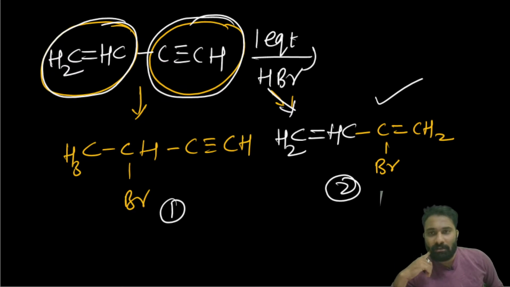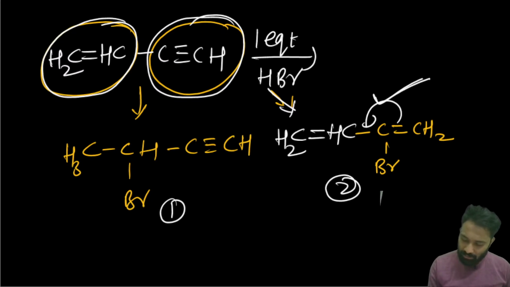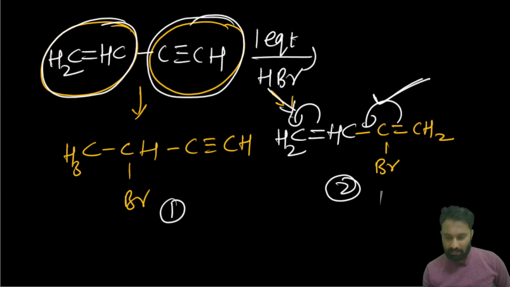Just now I explained, among the alkene and the alkyne, alkene will give you the more stable product, or form very fast, due to the resonance. This one is more stable.